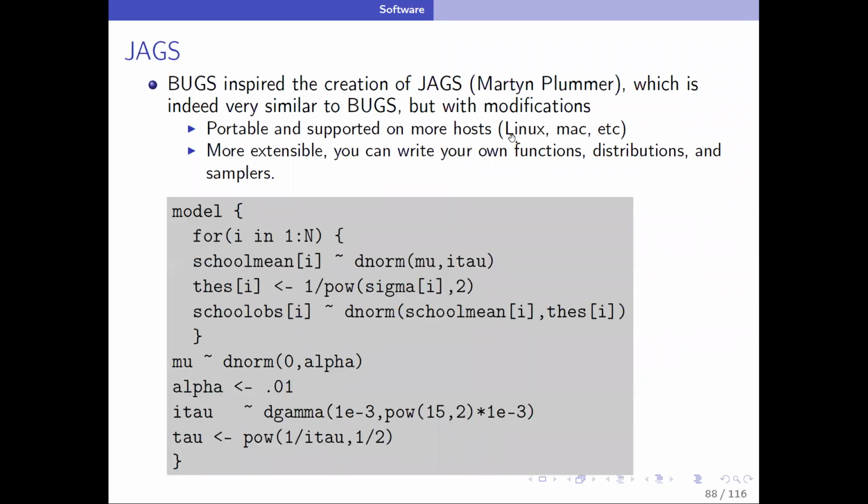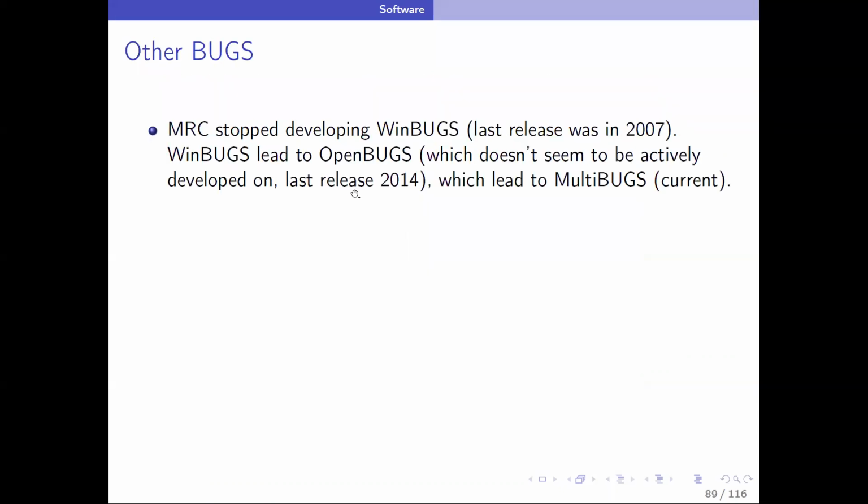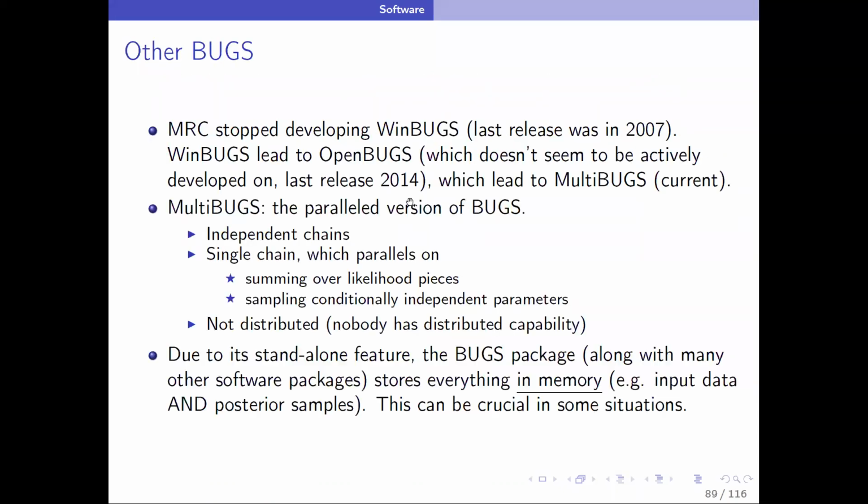JAGS extended the WinBUGS philosophy, except it made it more portable on different machines. You can give it more freedom because BUGS is just a black box operator. You can write your own function, distribution, and sampler, and so on. That's what JAGS does. And that version of WinBUGS, they stopped supporting in 2007.